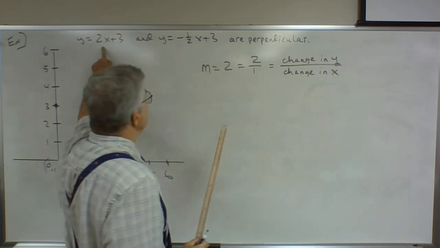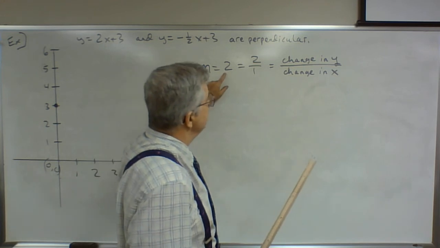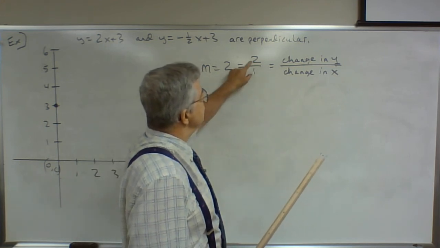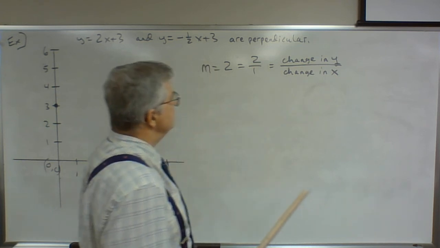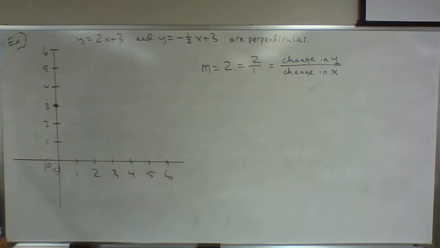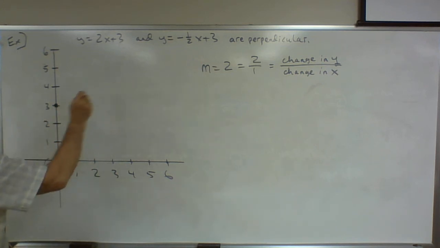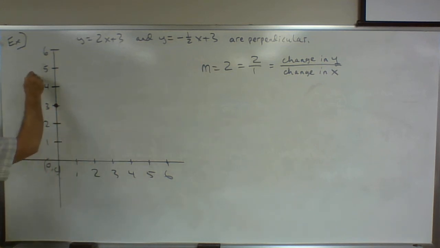The first line has a slope of 2. So we can say that this is 2 over 1, change in y over change in x. So if we start here at the y-intercept and change 2 units in the positive direction, that's our change in y.